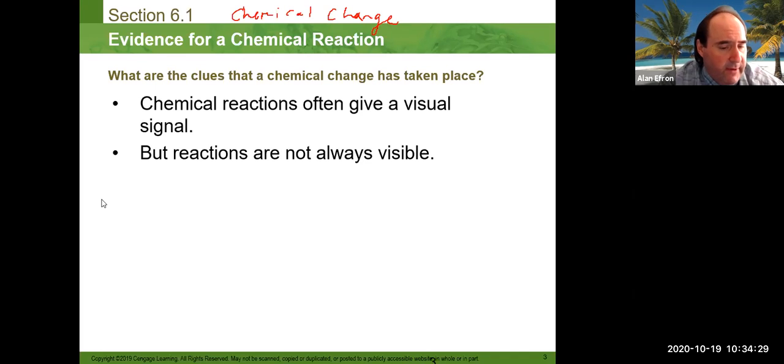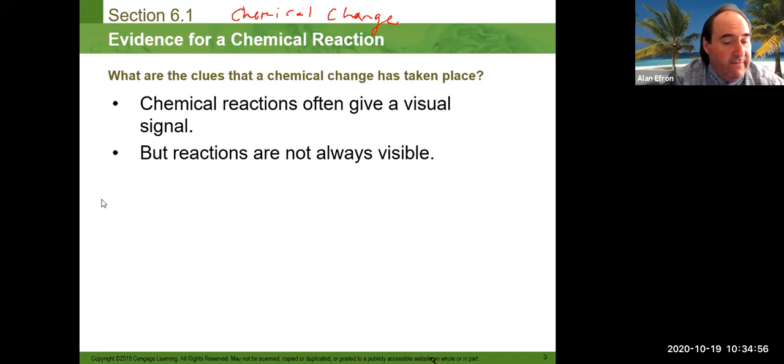Not all reactions are visual, where you get a visual representation that a reaction has taken place. For example, the formation of water, which, as we'll talk about, is one of the driving forces for a chemical reaction to take place. Clearly, if you are looking at a reaction that's taking place, you very often cannot see the water being formed.